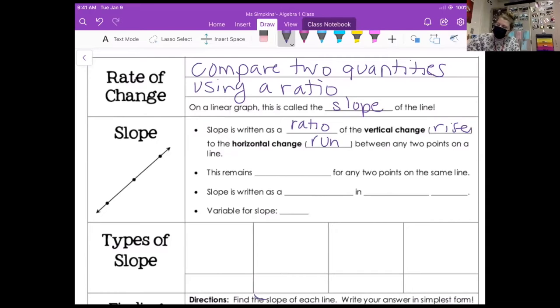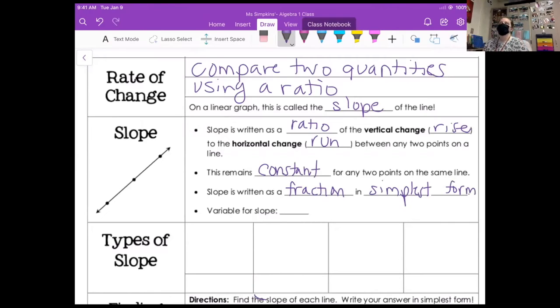And this is going to be constant for every point on one line. So one specific line can have multiple points. Every single one of those points will give you the same slope. And we're going to write it as a fraction. Please do not write it as a decimal. In simplest form.